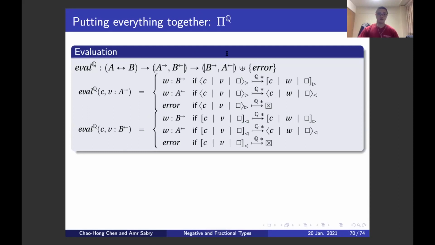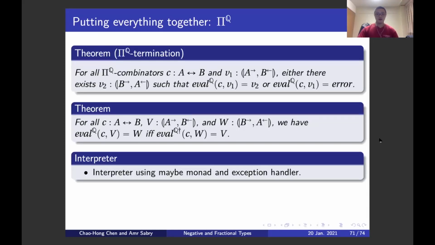And the evaluation is similar, but now it could return an error if it goes to the fail state. And we can still prove that it's terminating. And we can define the backward evaluation, and it's still reversible.